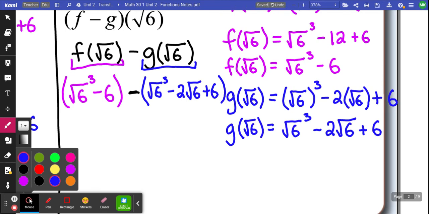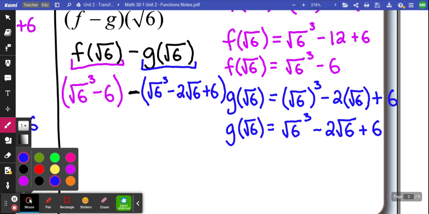So I took my equation and put it into g of root 6. This is an expression for f of root 6 minus g of root 6, but it is not a simplified expression. I can simplify this by actually doing the subtraction of these two things. The trick with subtracting is people forget to put brackets.